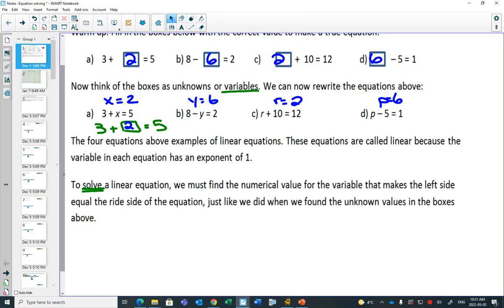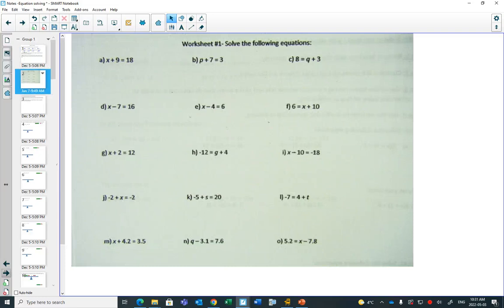So often the questions that you're going to get are going to say solve. So at the end of this booklet that you have, the last 5 pages are worksheets. Worksheet 1, worksheet 2, worksheet 3, and worksheet 4 and 5. Okay?